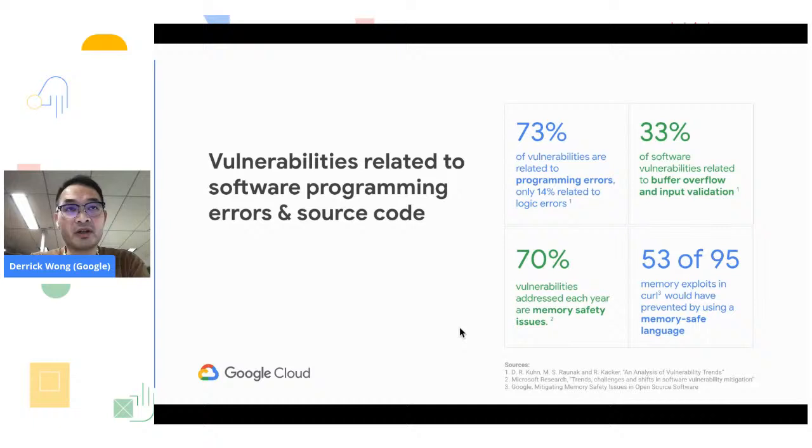And Java, Node.js, C#, they are memory safe languages. That means in a non-memory safe language, you are subject to data leaks. For example, what we call out of bound errors.